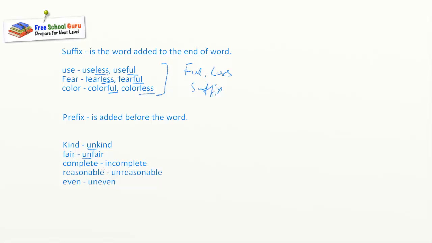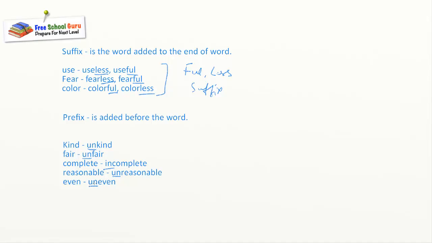Complete, incomplete. Reasonable, unreasonable. Even, uneven. So notice one thing: generally, a prefix can change the meaning of the main word in an opposite way.